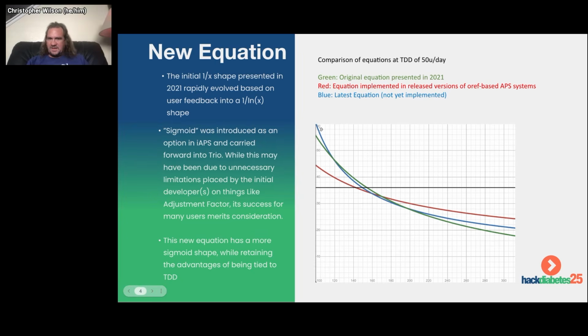You can see that it sort of splits the difference in some places, especially at higher blood glucose levels, and gets more sensitive as blood glucose drops off. That should help alleviate some of the concerns regarding lows that occurred under certain circumstances there. Next slide.